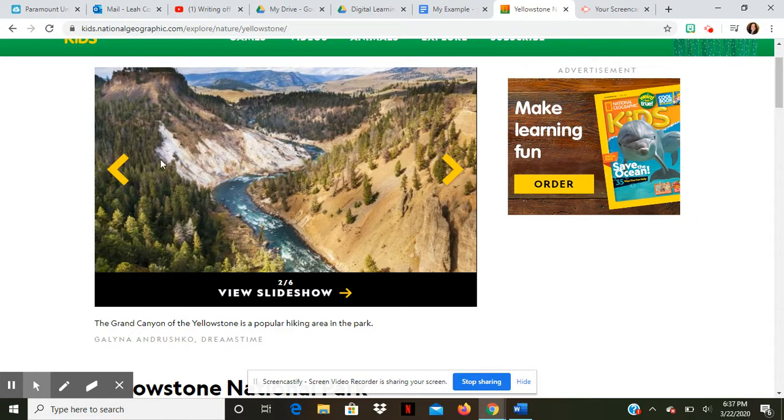Ooh, do y'all remember this picture? Okay, we could read the caption again. The Grand Canyon of Yellowstone is a popular hiking area in the park. And I remember when we looked at this picture, you all specifically pointed out the river here. And how do we describe it? The winding, rushing river.